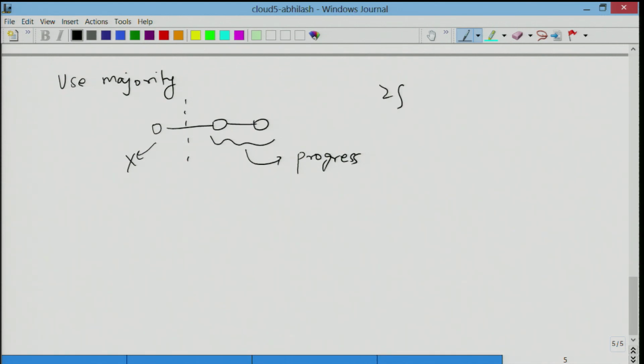So if you have 2f plus 1 replicas, you can tolerate f faults, because as long as you have f plus 1 replicas still alive in the system, they can form a majority and continue to make progress, right? Okay, so this is the basic setup. Any questions? So our approach to liveness is we will form majorities, right? And our goal on safety is we want linearizability, right?